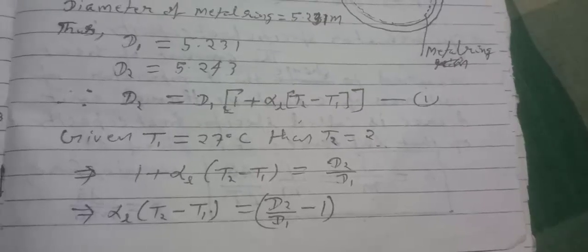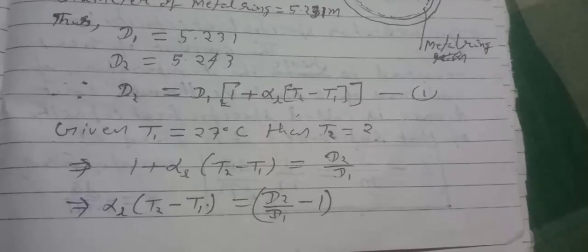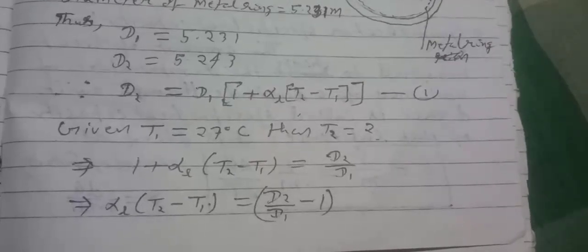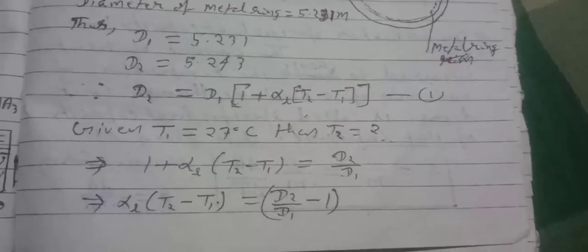Now from equation 1 we can write 1 plus alpha L into t2 minus t1 equals d2 by d1. This implies alpha L into t2 minus t1 equals d2 by d1 minus 1.